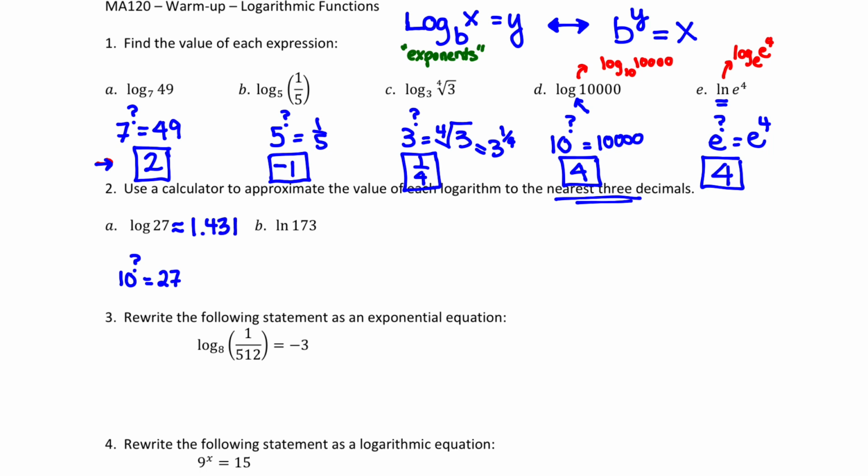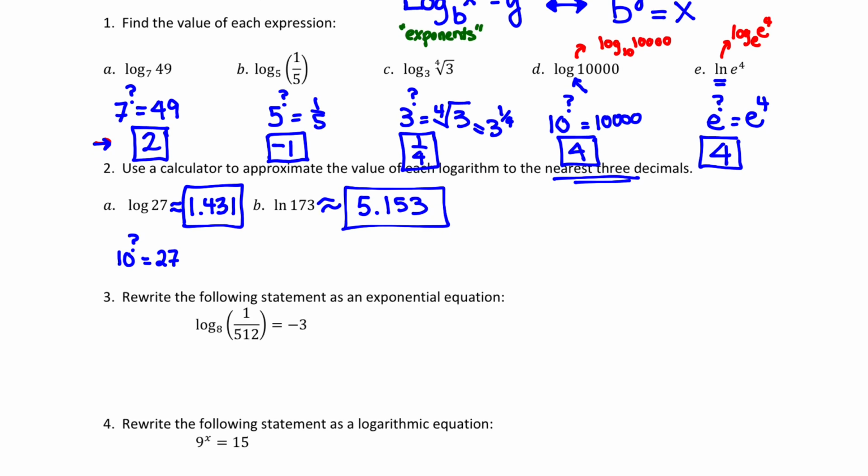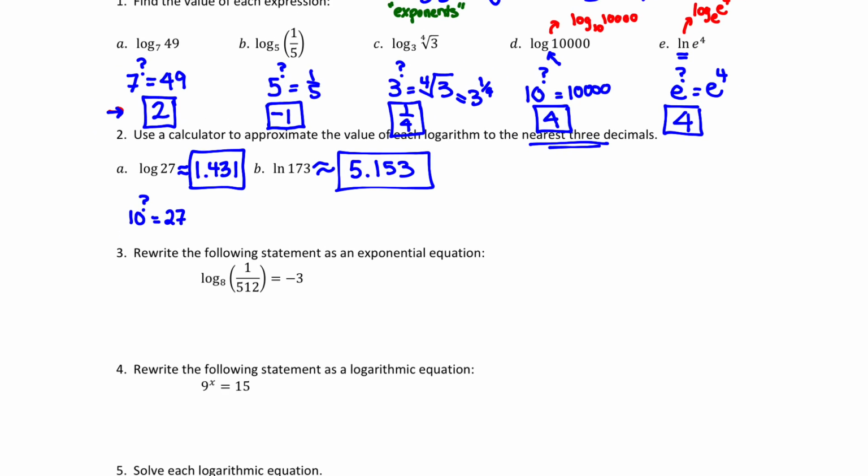Do you guys all agree? Beautiful. And Katya, did you get the natural log of 173? 5.153. Beautiful. Everybody's good so far? Okay, so how about this one here?